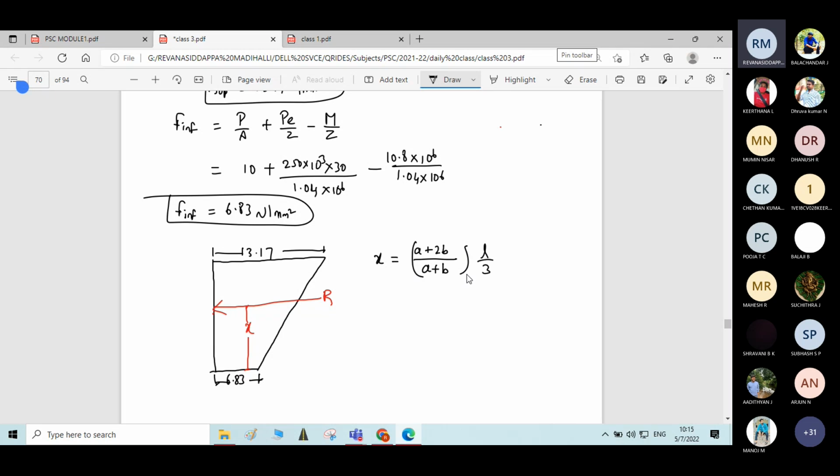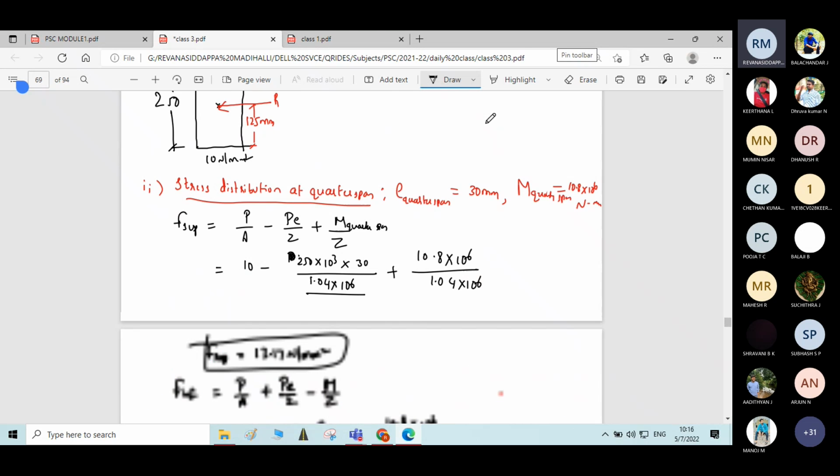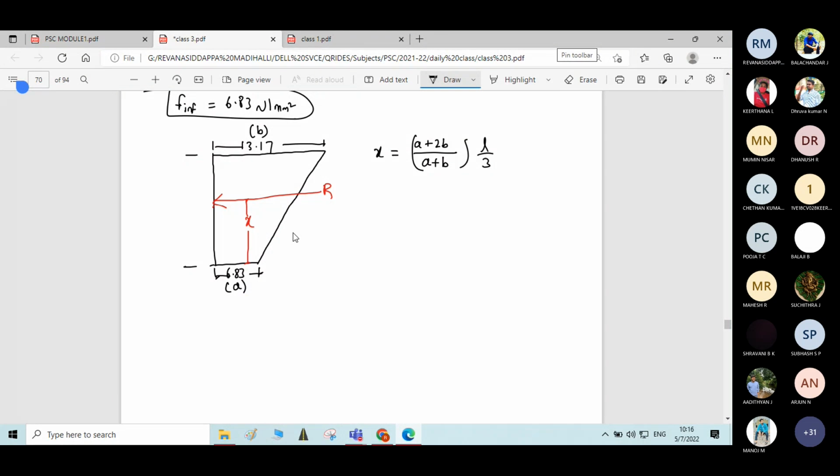This is the formula, where A is the bottom width, B is the top width, and L is the total height. What is the total depth of the beam? 250 mm.